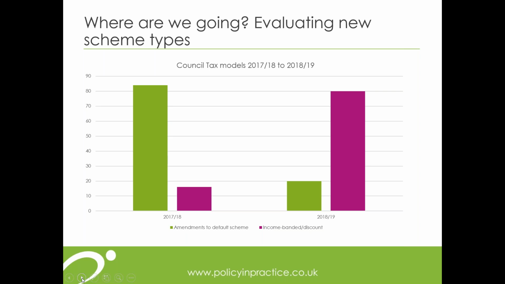And we've just seen these positions absolutely switch. As universal credit's been rolled out and the increase in reassessments has started kicking in, I think people are looking forward to how can we overcome this. I mean, obviously there are ways of overcoming it within the default scheme, but I think people are looking at very imaginative ways, and we're looking at a lot of income banded and discount schemes now. I'll move on to the next one.